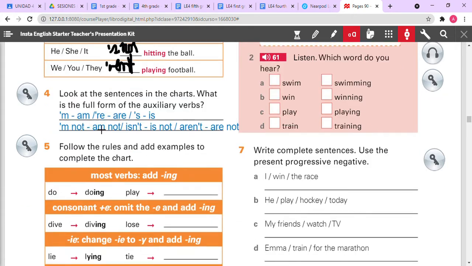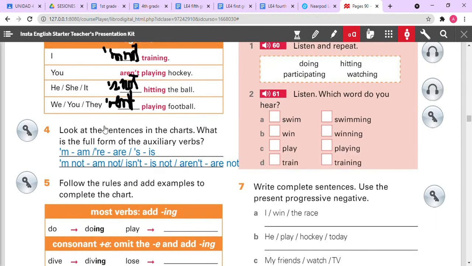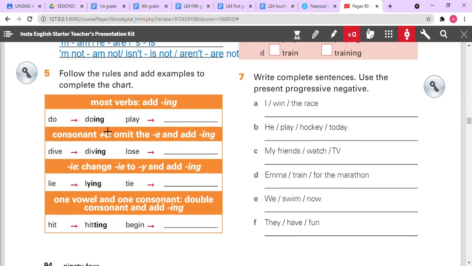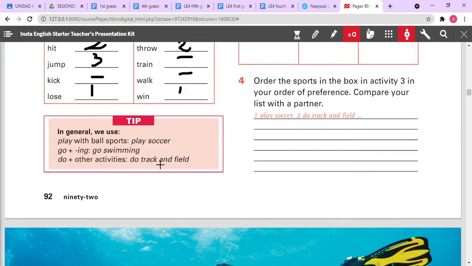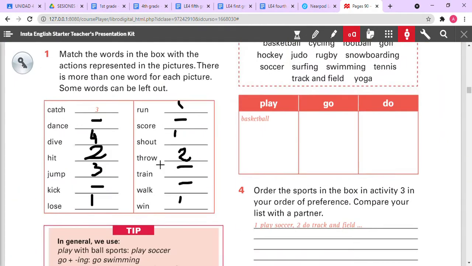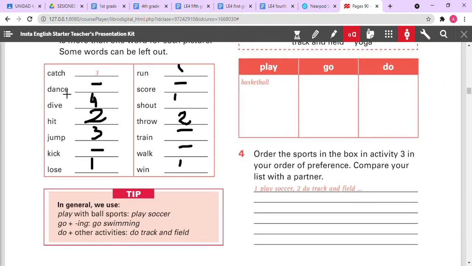Now let's see. When we talk about progressive, we need to check the verbs. In this case, I have 1, 2, 3, 4, 5, 6, 7, 8 examples in 4 categories. But remember that we had a lot of vocabulary here. 1, 2, 3, 4, 5, 6, 7, 14 verbs. Okay, 14 verbs.